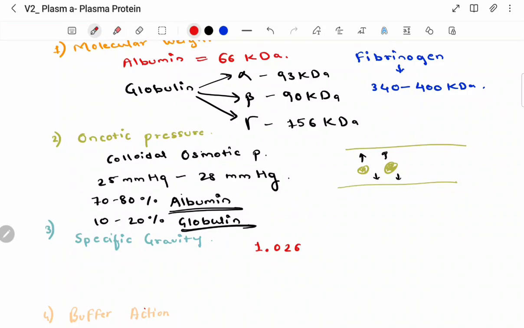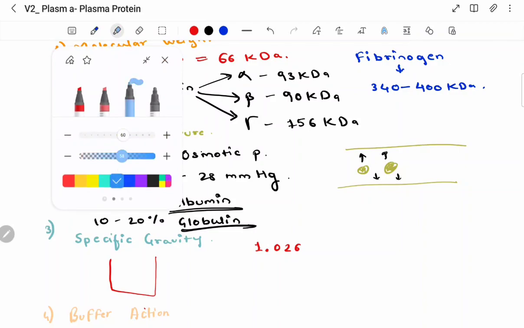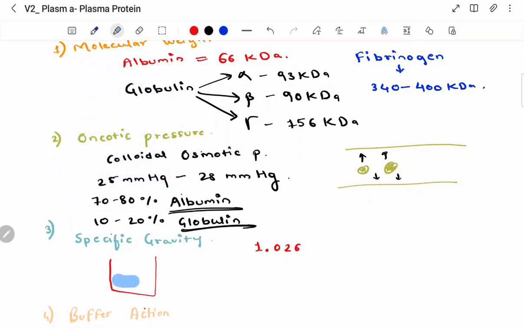Do let me know in the comments: if we add plasma protein to a container containing water, will this plasma protein sink or will it float in water? Let me know in the comment section.